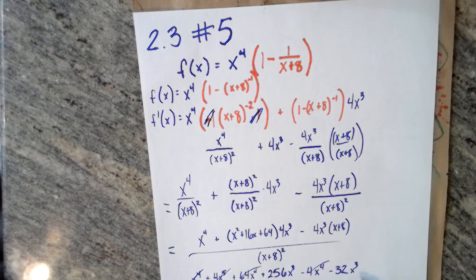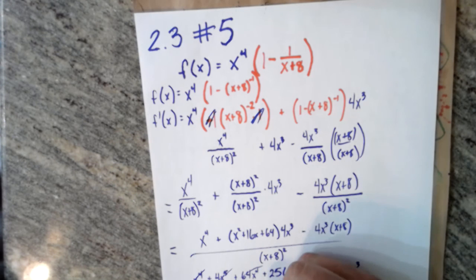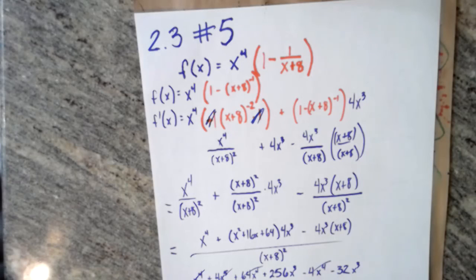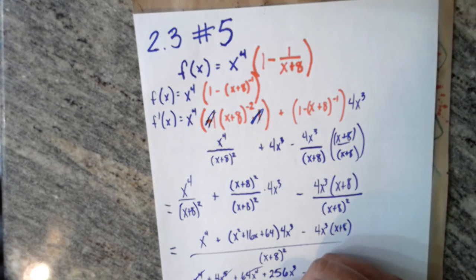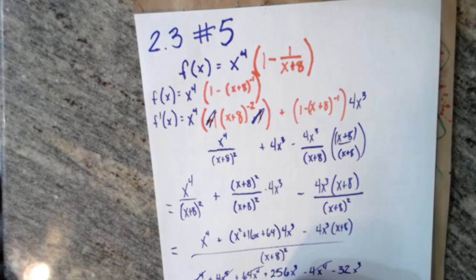256 minus 32. So that should be 224. Let me get that right. 256 minus 32. Yep, 224x cubed, all over (x plus 8) squared.